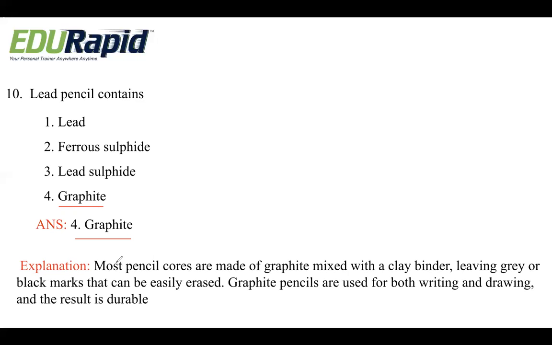Most pencil cores are made of graphite mixed with a clay binder, leaving gray or black marks that can be easily erased. Graphite pencils are used for both writing and drawing, and the result is durable. So it mainly consists of graphite.